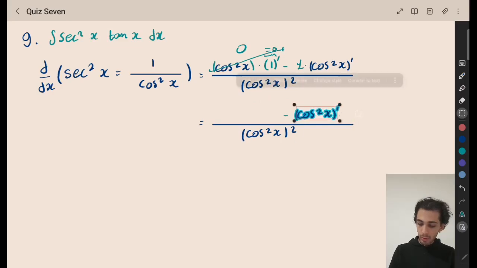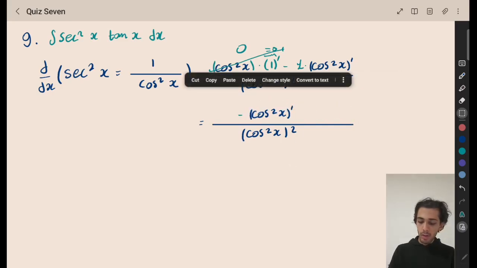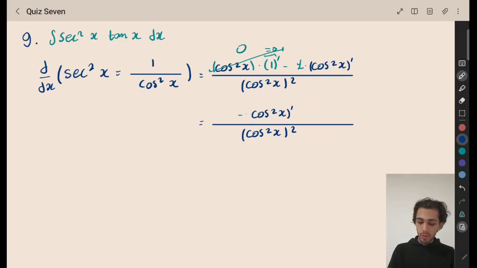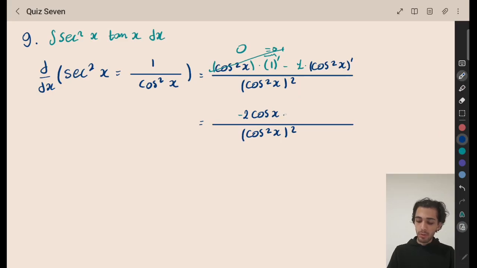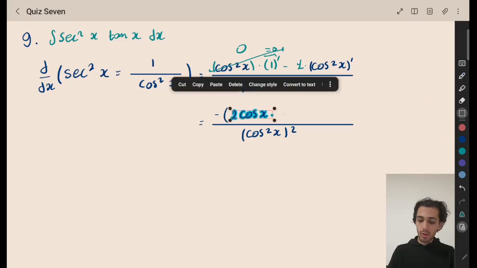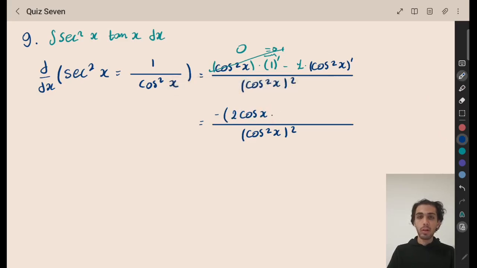So what's the derivative of cosine squared of x? You bring the power down, and then you write cosine of x, and then you take the derivative of the inside function. And the inside function in this case is the cosine.